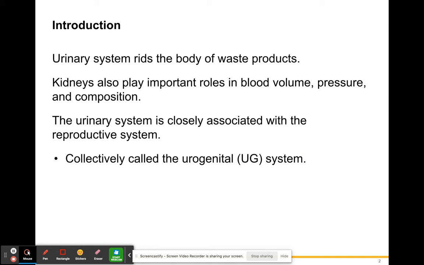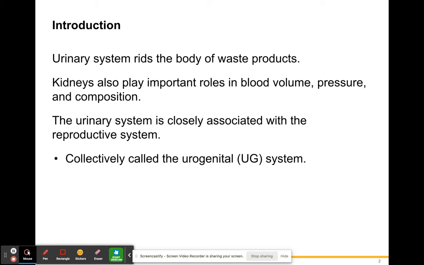So let's get started. The urinary system rids the body of all or most waste products, not all, liquid waste at least. Kidneys also play an important role in your blood volume, your blood pressure, and your blood composition. The urinary system is very closely associated with the reproductive system and is collectively called the urogenital system.